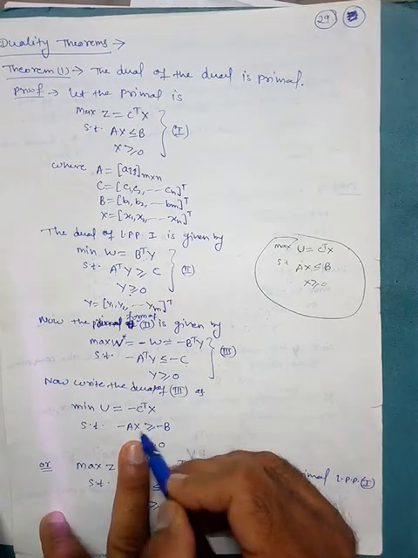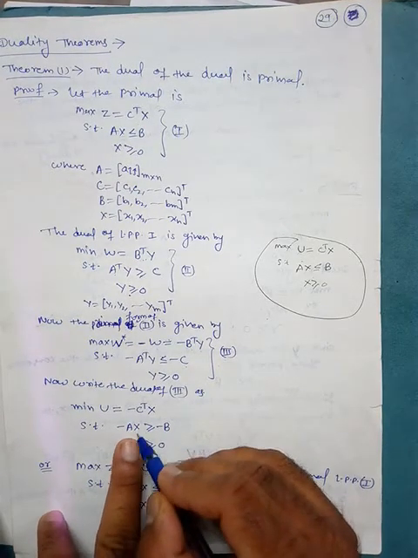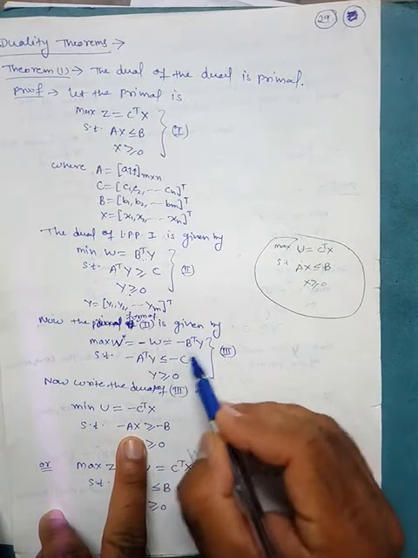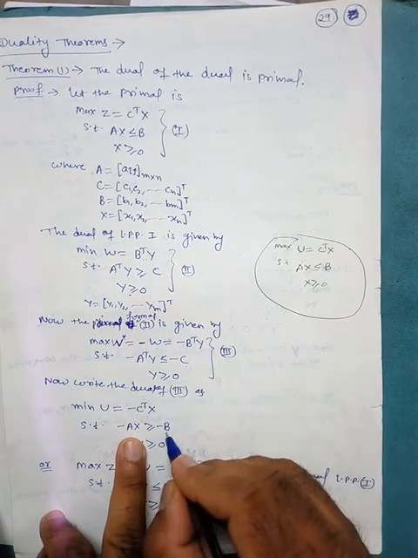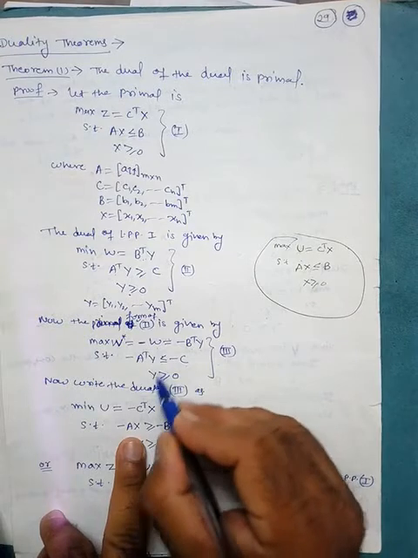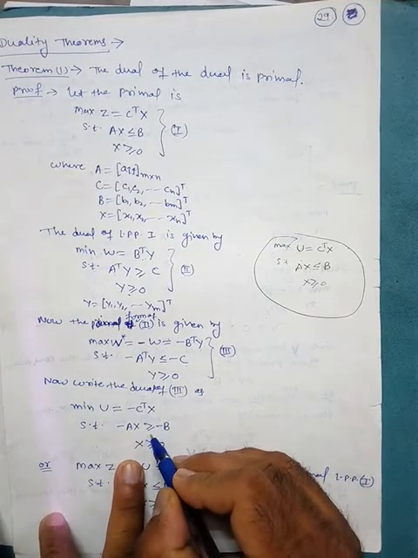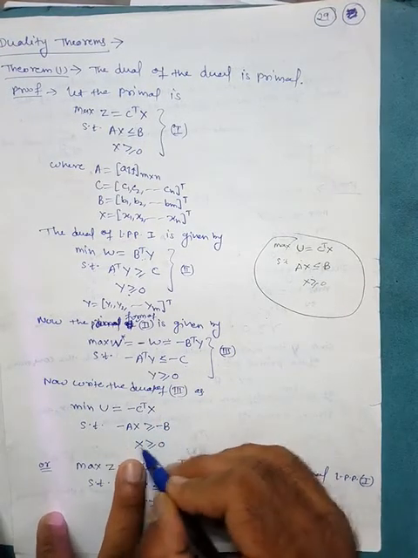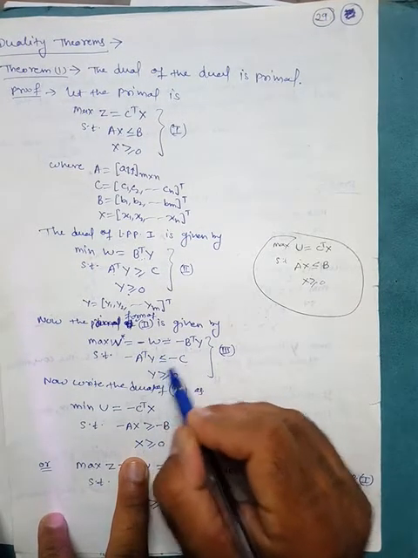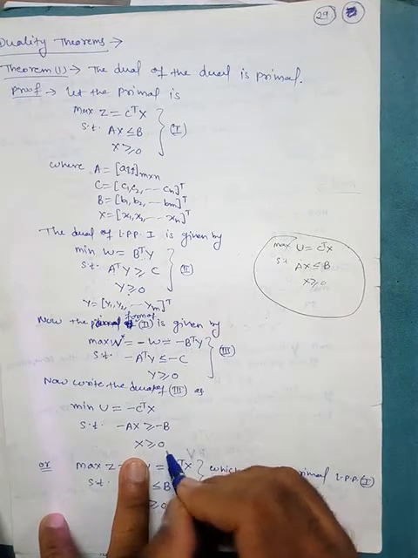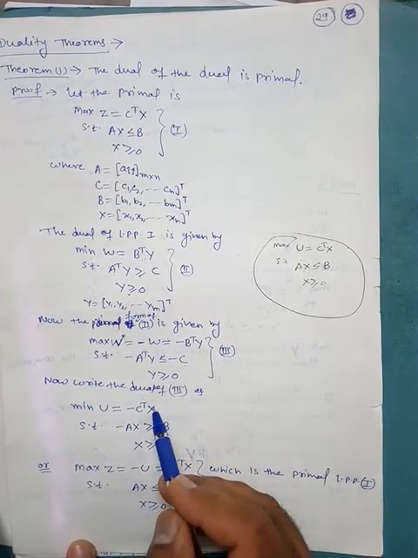I am using x again, so minus Ax, and the right hand side is taken from here, so minus b, and the sign is decided by the sign of this, which is greater than or equal to. So this is our constraint. Now the variable is x, and the sign is decided by the sign of the constraint, so x is greater than or equal to 0. So this is the minimum of that.